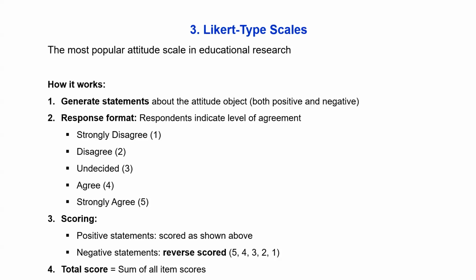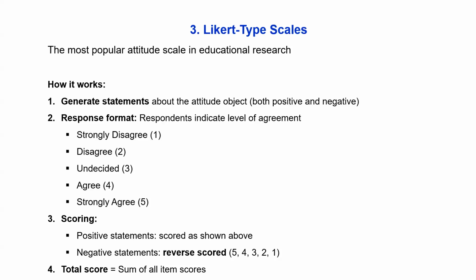Undecided means I can't decide whether I disagree or agree with the statement. Then the fourth one is agree. I agree with you, normally we say. Sometimes we also say, I strongly agree with this statement. So these are 5-point scales.